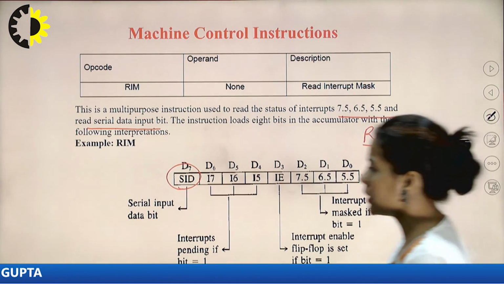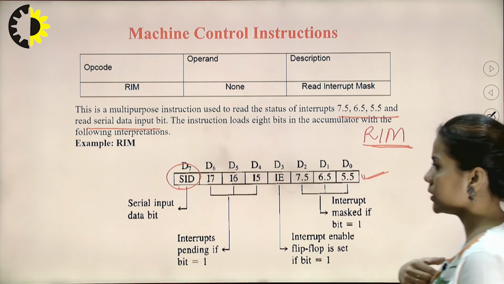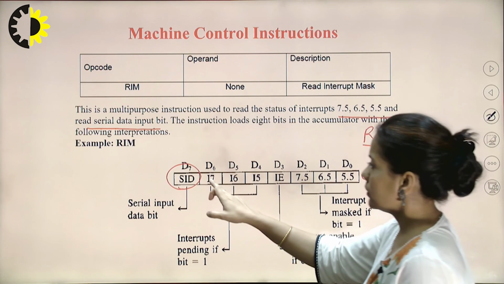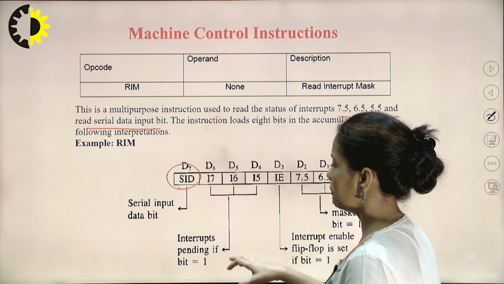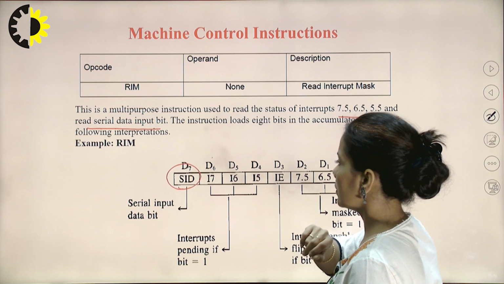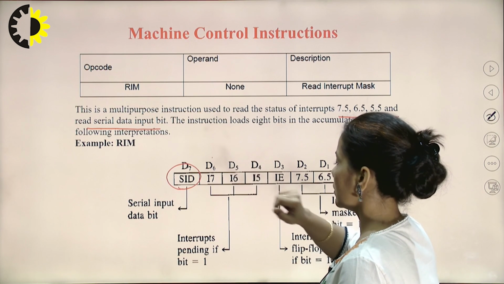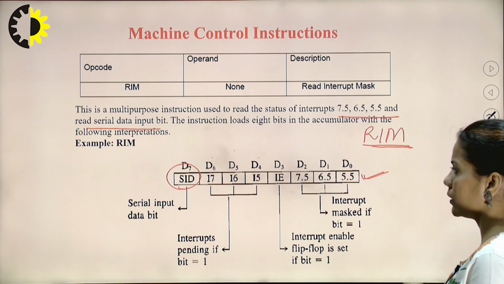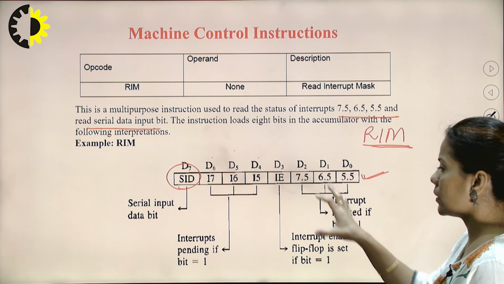What are the functionalities? This denotes the serial input data bit. Whatever you have received serially will be reflected at this bit. Then I7, I6 and I5 are the interrupt pending bits. If this bit is 1, it means interrupt 7.5 is pending. If this is 1, 6.5 is pending. If this is 1, then 5.5 is pending. And these are used to see if any of the interrupts is masked or not.